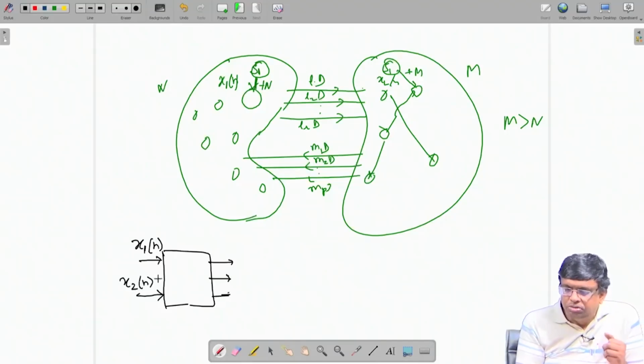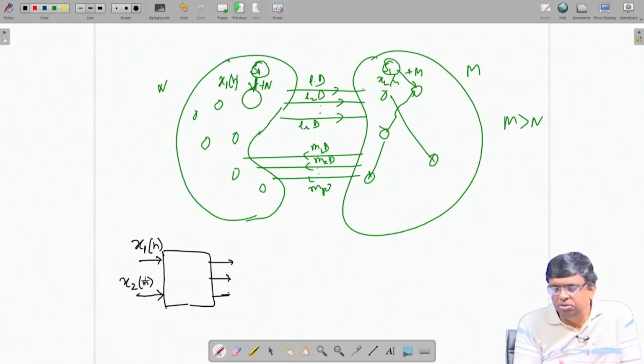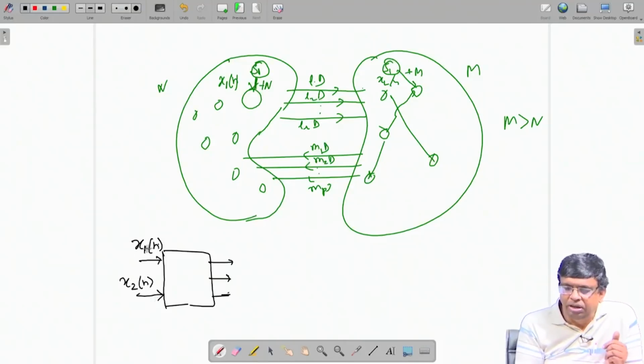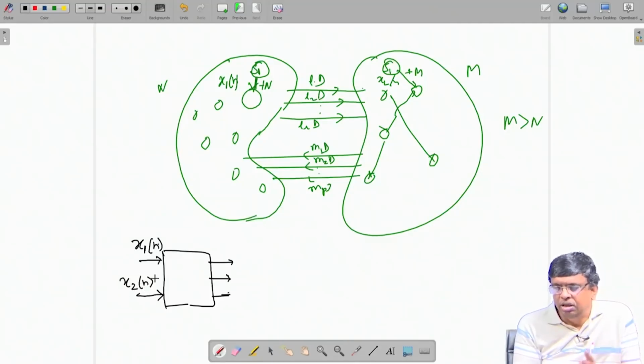Now, if you want to delay one input, you have to delay the other by the same amount. If both the inputs arrive after the same amount of time, your system outputs will not change, every output will just be delayed by the same amount. It is just delaying the entire thing. But if you give one delay here and a different delay there, it will be completely different. If x1(n) and x2(n) each come after 2 cycles, the entire operation of the circuit will also be delayed by the same 2 cycles.